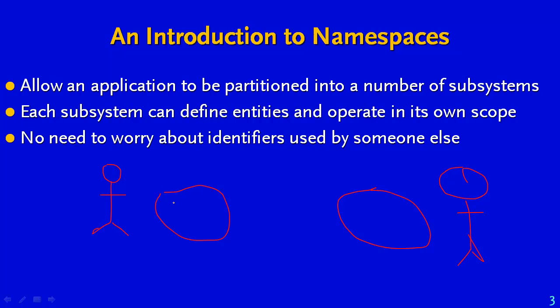Each developer is developing code here, and functions and classes and so on. And similarly for another developer here. The only problem is, first of all, the developers in the beginning have no contact with each other, and when you integrate each subsystem, you don't want to get name collisions. So as I've said before, one developer might have a print function here, and the other guy would have a print function. So which one would you use? Without using namespaces, it's going to be very difficult.